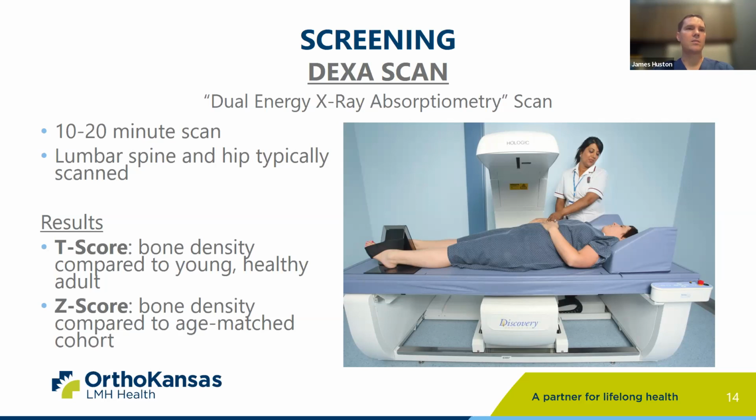And the Z score, on the other hand, is basically a peer group comparison to an age-matched group of that particular patient's peers. So they're a little bit different, and primarily what's used for making a diagnosis of osteopenia or osteoporosis or ruling those out is the T score, because it's more of a standard comparison to the norm.